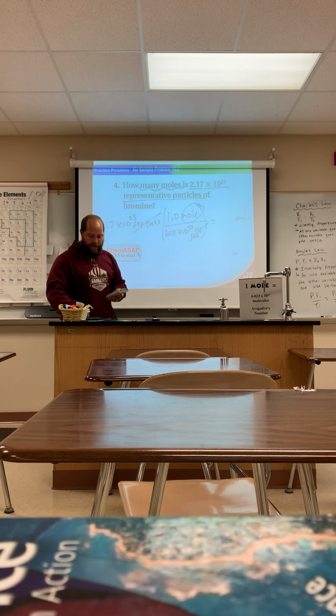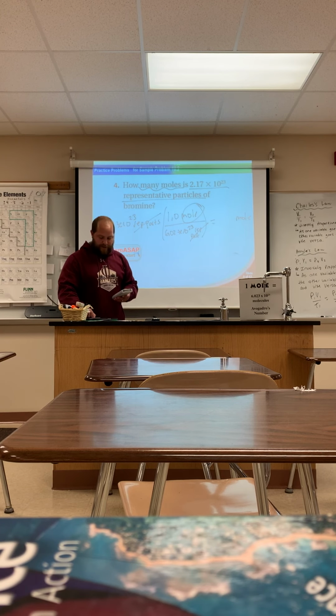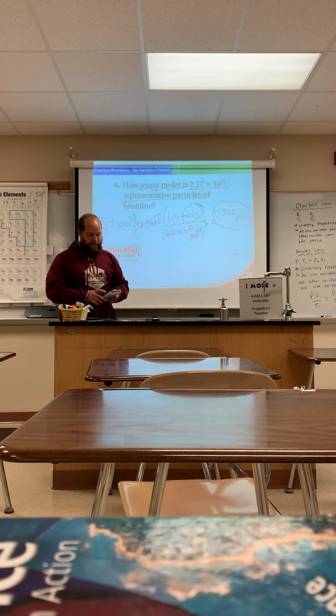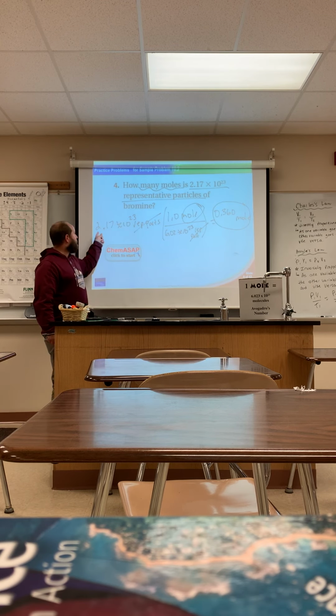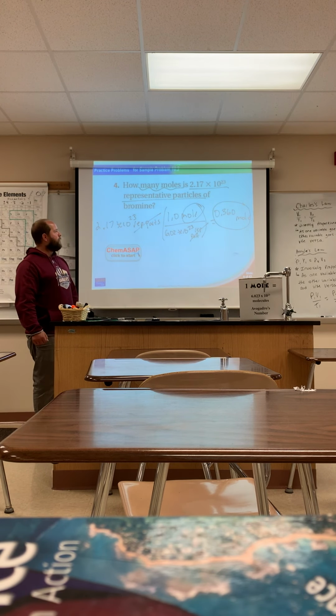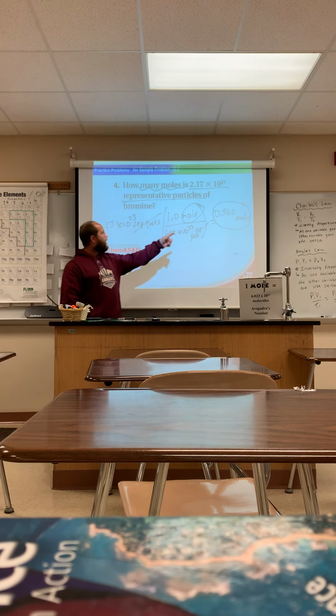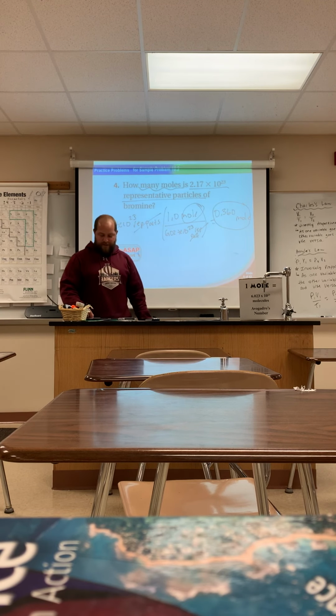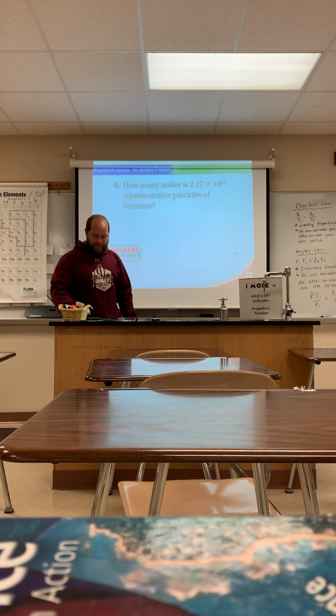We want 3 sig figs for this one, so 0.360. We do need that extra 0. So if I have 2.17 times 10 to the 23rd representative particles, I'm going to have 0.360 moles.